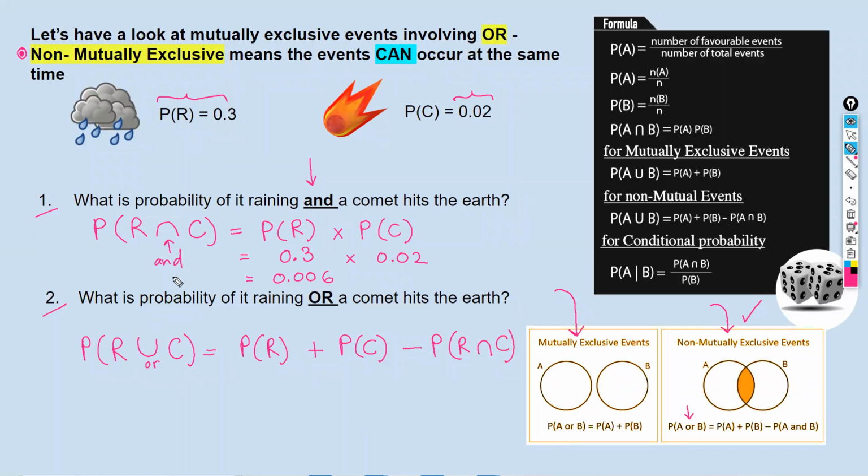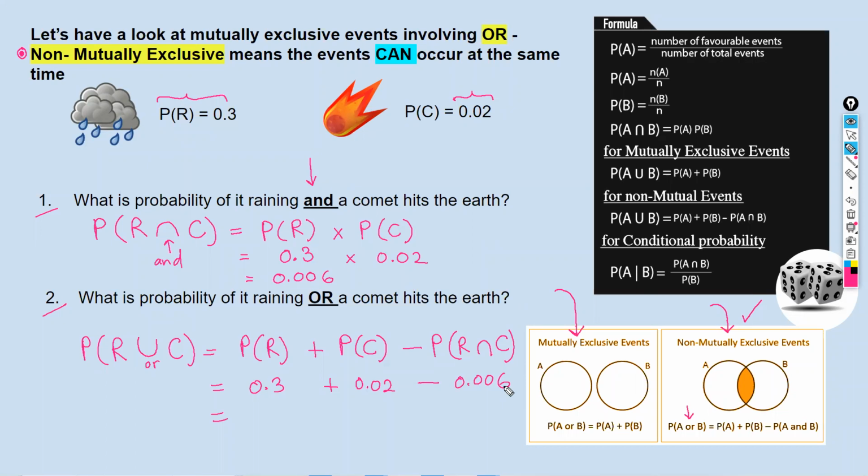Now, if you realize, we worked out this portion in part one. A lot of the times the examiner will be so nice, like part one will help you with part two. So let's put the values in. What's the probability that it will rain? 0.3 plus the probability that a comet hits Earth is 0.02 minus the "and." I think most people could obviously get it out from here.